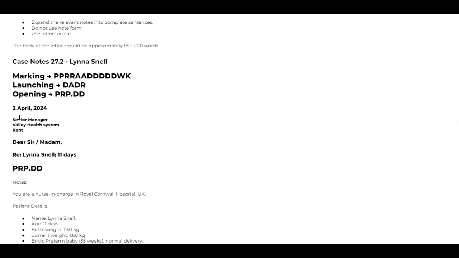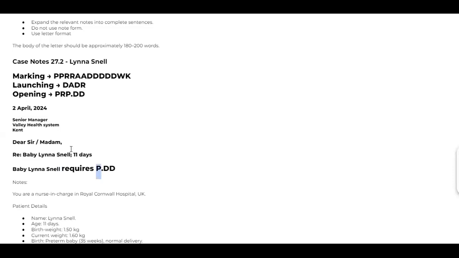Okay, so what's the patient's name? The patient's name is Lina Snell. 11 days, that's a baby. So write baby here. Don't forget that. B capital here. So Baby Lina Snell. In the place of P, write the patient's name. Baby Lina Snell. What is R then? Requires. Requires what? What is the purpose?